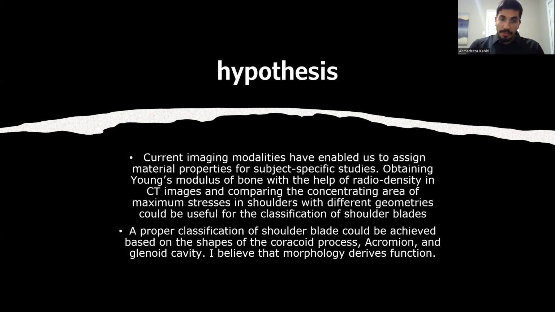I believe a proper classification of shoulder blade could be achieved based on the shapes of coracoid process, acromion, and glenoid cavity. And I believe that morphology drives function.